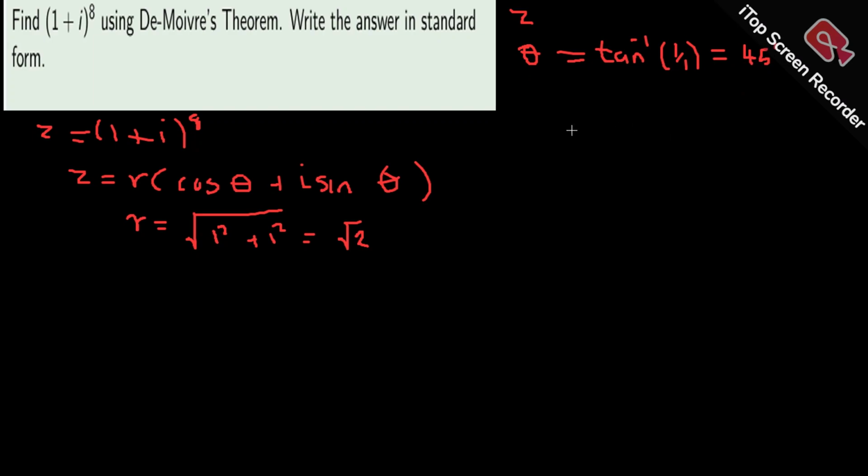What are you going to do next? Okay, so we have managed to change the rectangular form that we have to polar form. What are we going to do next? We're going to write the polar form.